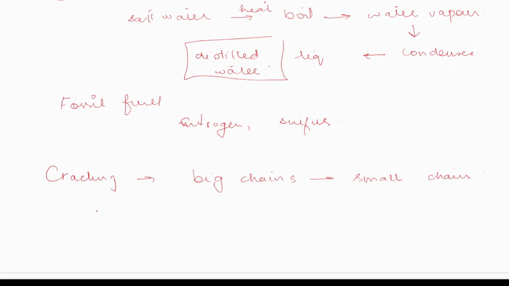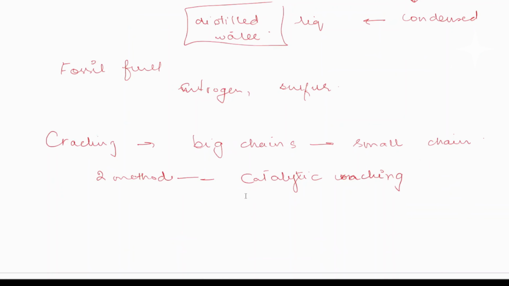There are two methods to this, and the very common one uses a catalyst. Why do we use a catalyst? To speed up the reaction. Good. Since it requires a lot of heat, we use a catalyst to reduce the cost of heating to that extent.